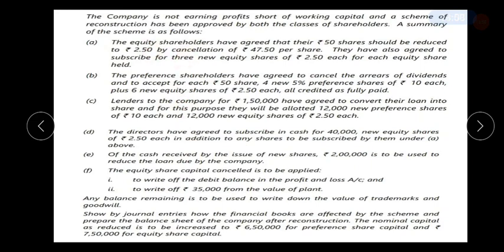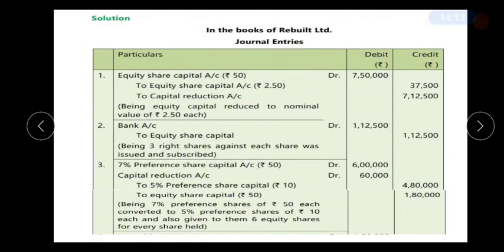First one is, the equity shareholders have agreed that their rupees 50 share should be reduced to rupees 2.50 by cancellation of rupees 47.50 per share. That means we are cancelling these rupees 50 shares and in the place of that, we are introducing rupees 2.50 shares. So we are reducing the face value.